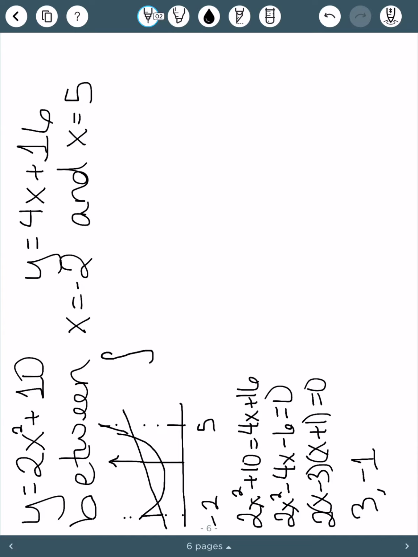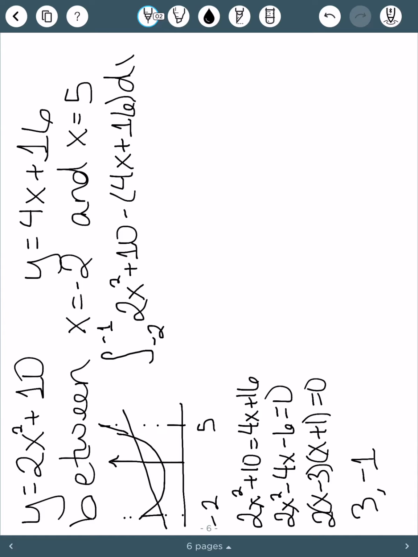So if we look at this first section here, from negative 2 to negative 1, we can see that our function 2x squared plus 10 is on the top. And then we need to subtract out 4x plus 16. Between negative 1 and 3, we have 4x plus 16 on the top.